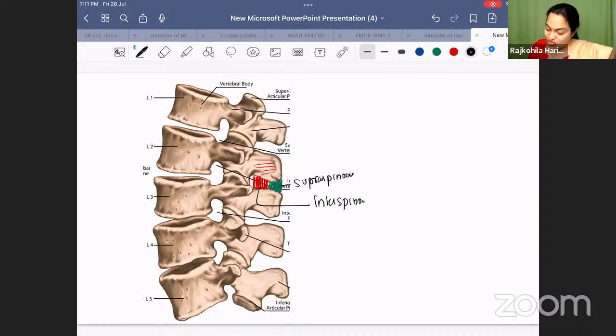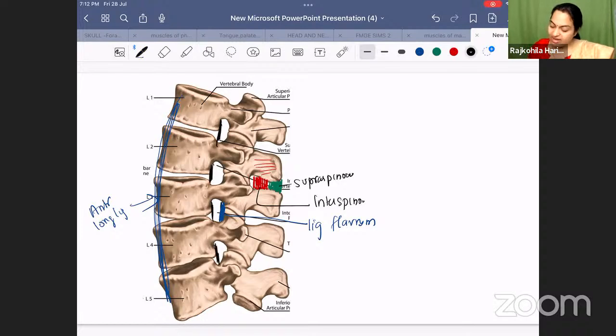This is your lamina, and on the inner aspect of the lamina, connecting the laminas, here will be the ligamentum flavum. This is connecting the anterior surface of the body of all the vertebrae, the anterior longitudinal ligament. There's one more thing I would like to mention here. The posterior surface of the body, they are connected by the posterior longitudinal ligament.